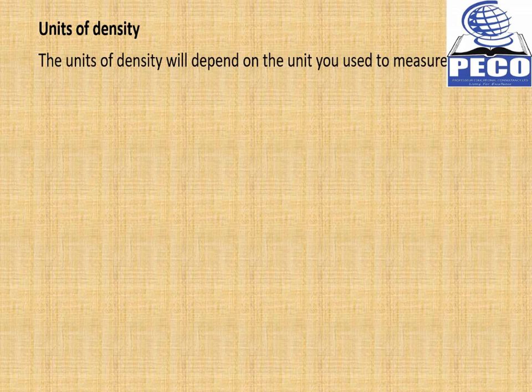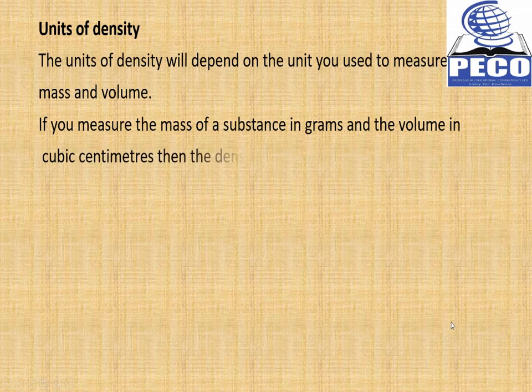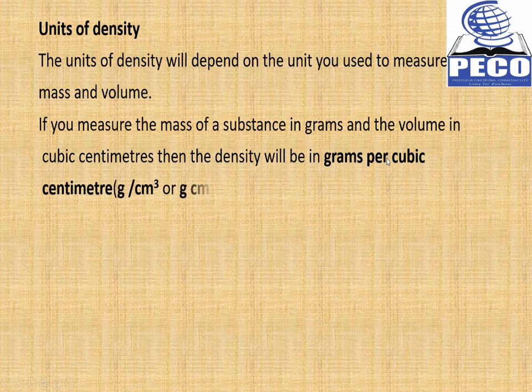So the unit of density that you will get will also depend on what unit you have used for mass and what unit you have used for volume. If you measure the mass of a substance in grams and the volume in cubic centimeters, then the density will be in grams per cubic centimeter.